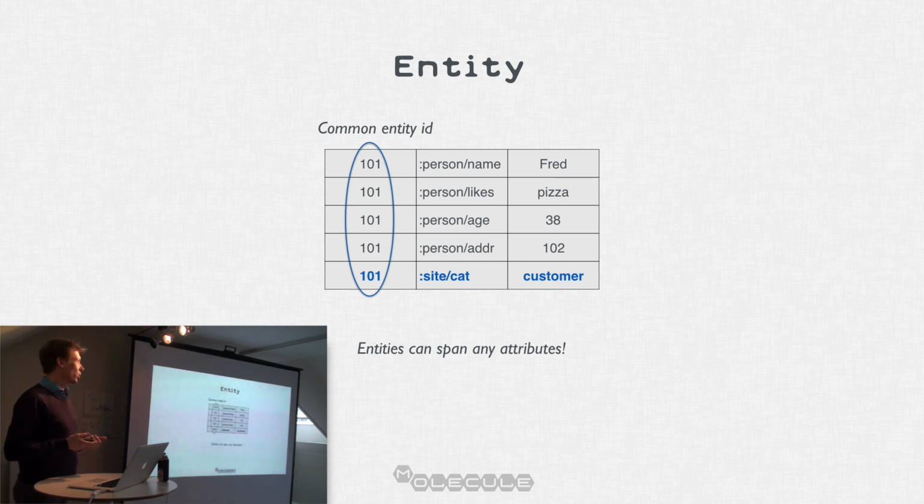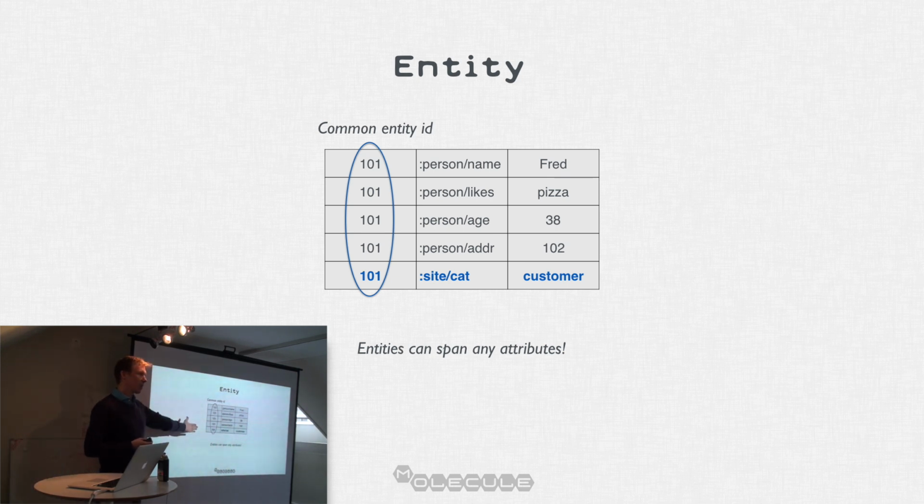So, for instance, we could want to say in a shopping system that this person is a customer. So we could take an attribute from the site namespace, which has a category, and apply that. So we state a fact with the same entity ID. That becomes one entity then.